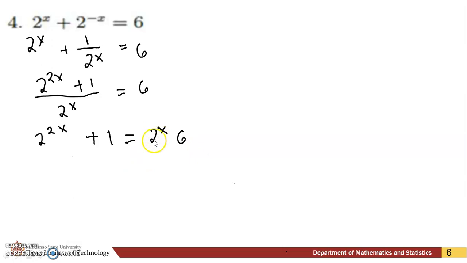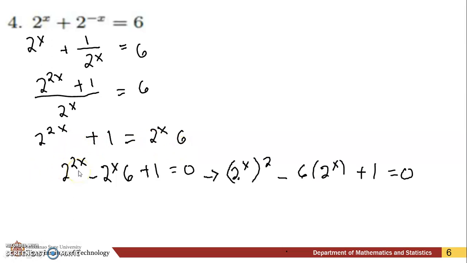Then we can transpose 2 to the x times 6 to the other side, so plus 1 equals 0. But when you transpose that, it becomes negative. So we have 2 to the 2x minus 2 to the x times 6 plus 1 equal to 0.